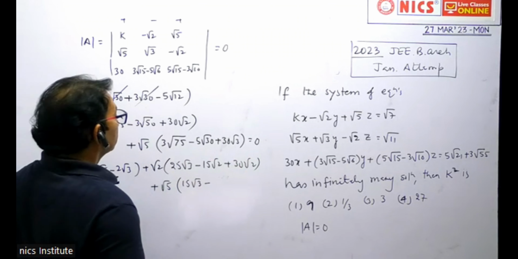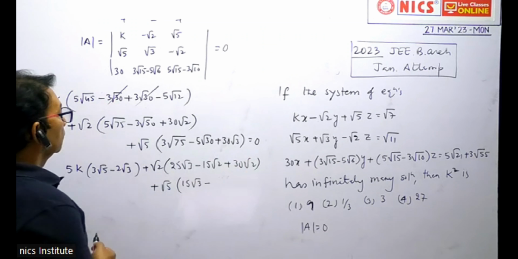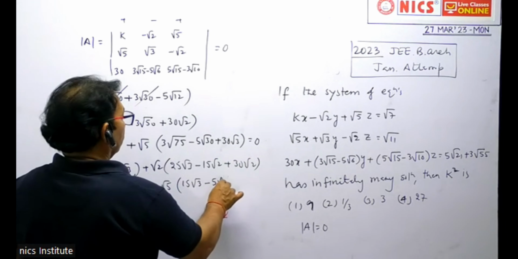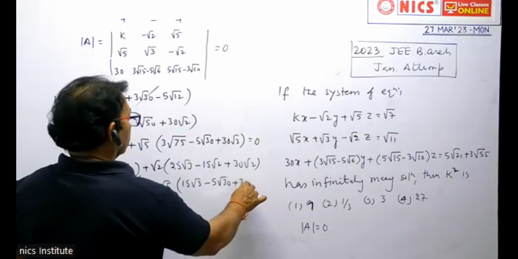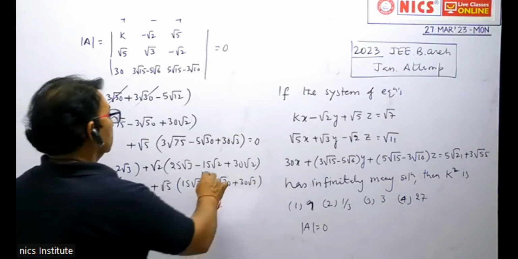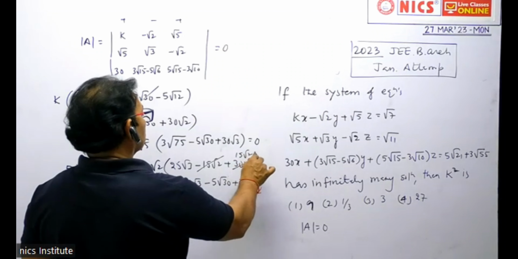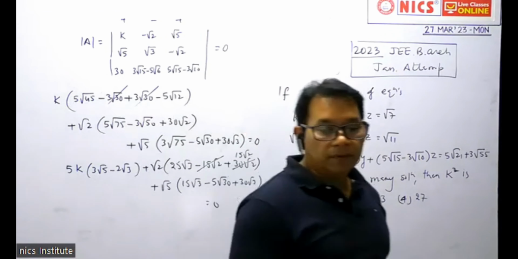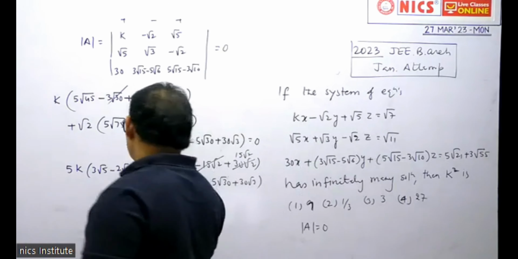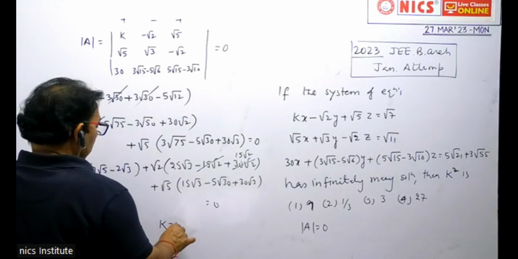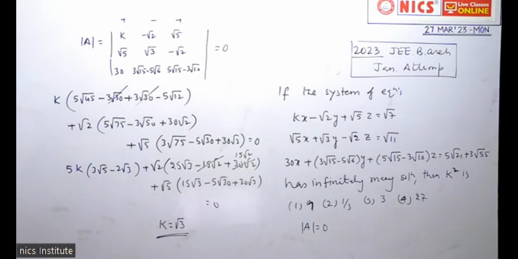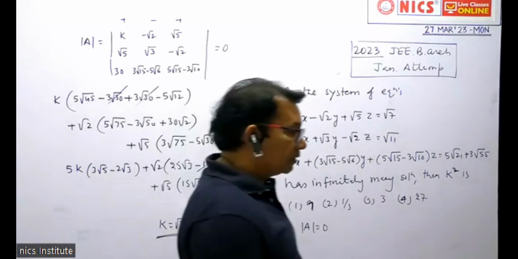This would be 5 root 30 and 30 root. This will become 15 root 2. Further simplify. And then finally your value for k will come out to be root 3. On simplification, we get k is equal to root 3.